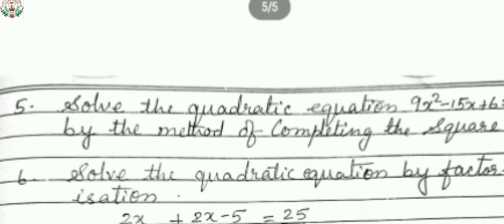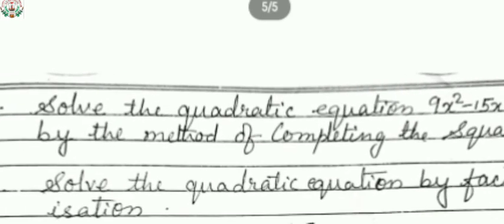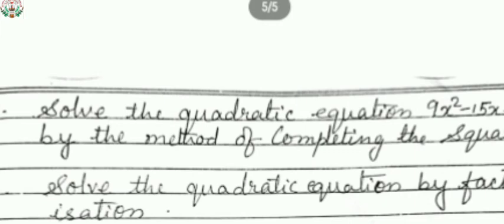On dividing the whole by 9, we get x square minus 15 upon 9 x plus 6 upon 9 equals 0.